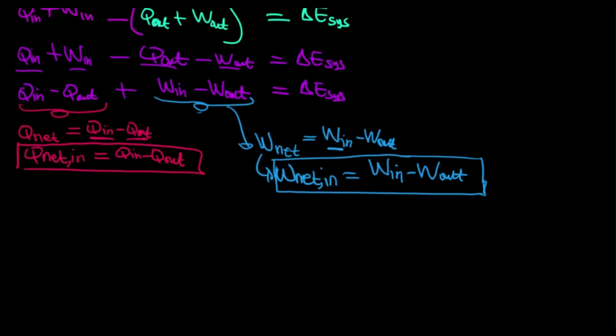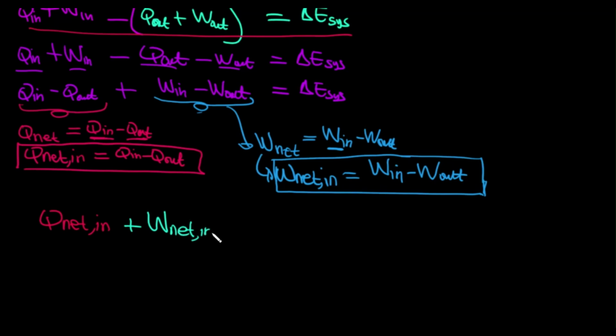Okay, so let's write it down so we can simplify that equation to this equation here. Simplify it to Q net in, in other words heat in overall, or the sum of the heat supplied, plus the sum of the difference of work being done to the system.